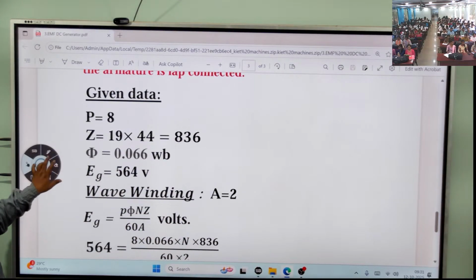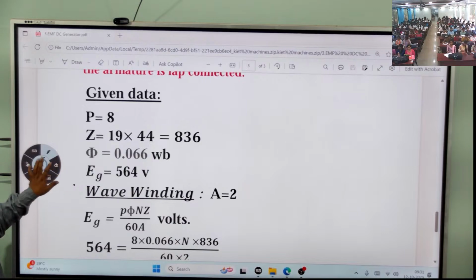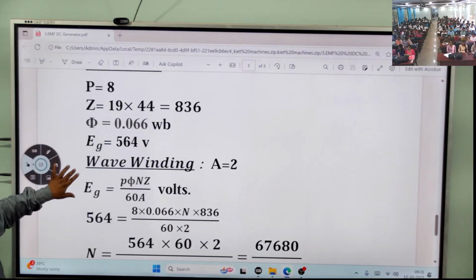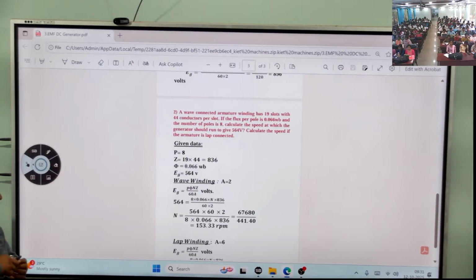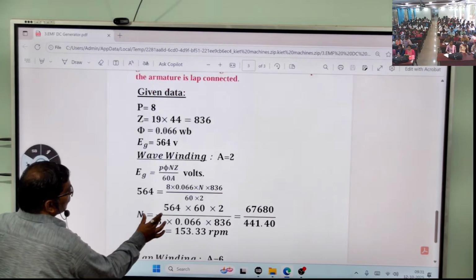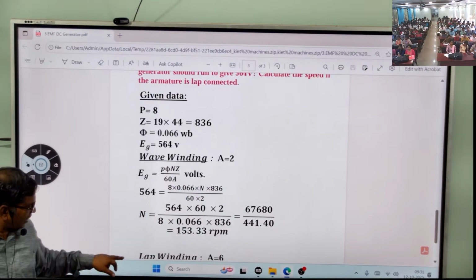So here we solved for wave winding as well as lap winding.